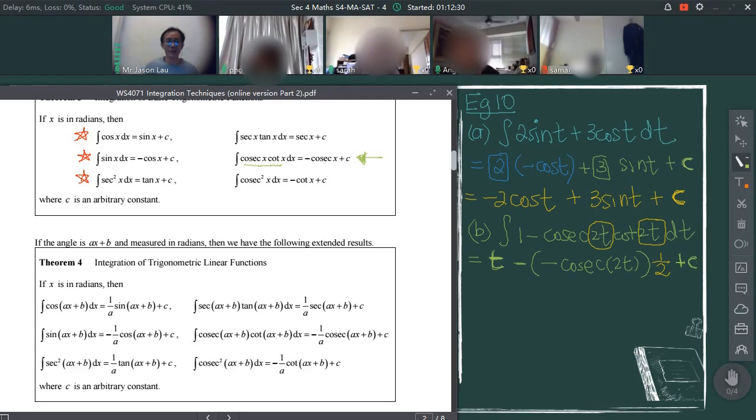Yeah, so the differentiation chain rule will come in pretty useful. Okay, so yeah, remember this, especially if you go JC, they will keep testing you on this chain rule, the reverse chain rule, very very rampant in JC. Yeah, so after that, just simplify it a bit.